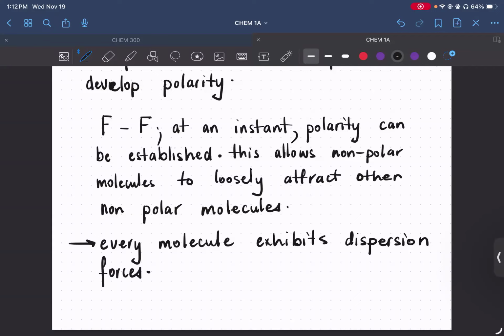Because if every molecule can just spontaneously develop polarity, then every molecule exhibits dispersion forces. These dispersion forces are what explain the stability of a wide range of molecules. It explains why some molecules have a higher or lower boiling point than water, because the extent of the dispersion forces will differ.